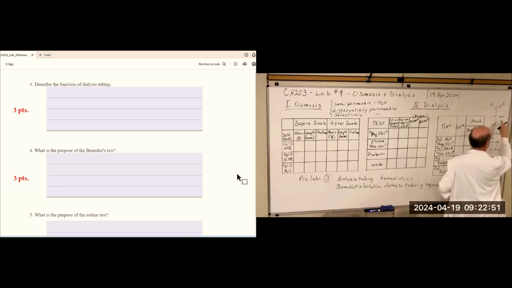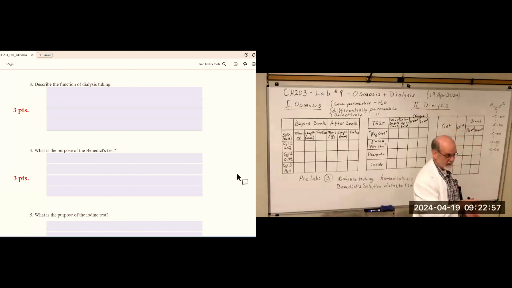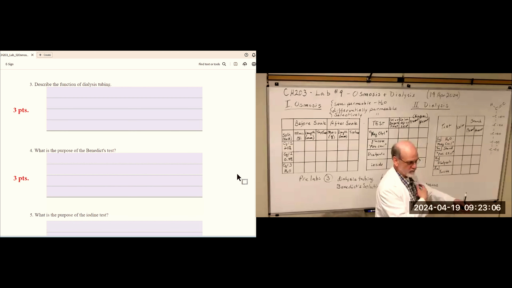But if it closes up and it won't open again, then it's a non-reducing sugar and it's not detected. So in our case, we're using glucose, the same sugar that pumps through your blood system and gives diabetics problems. And that is a reducing sugar. So Benedict's will detect reducing sugar, in our case, glucose.